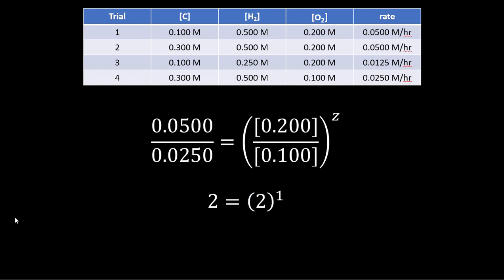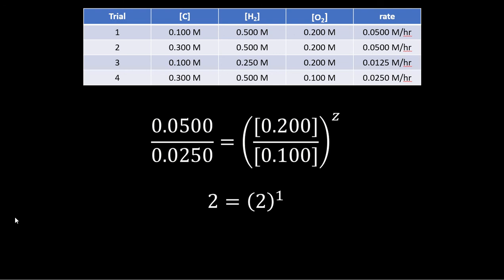So now we have the rate order for the concentration component of molecular oxygen. Since the reactant rate order for oxygen is 1, the rate is first order with respect to the concentration of oxygen.